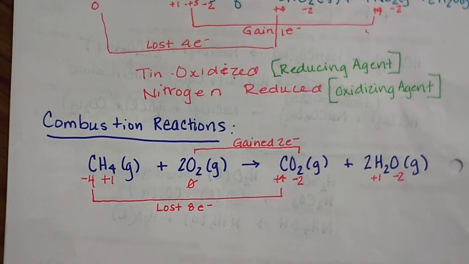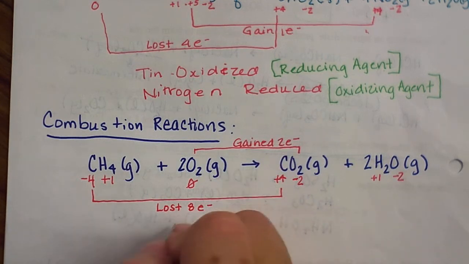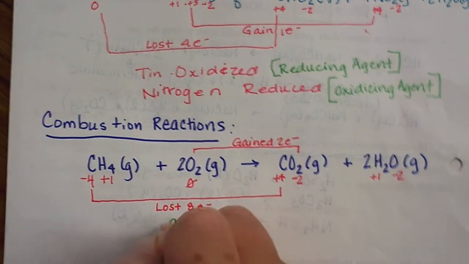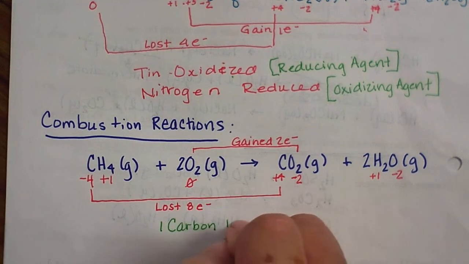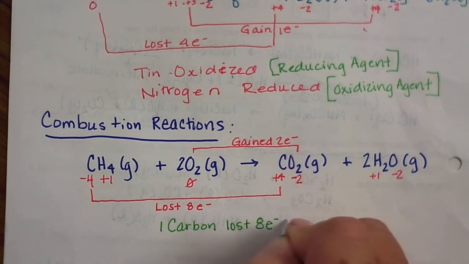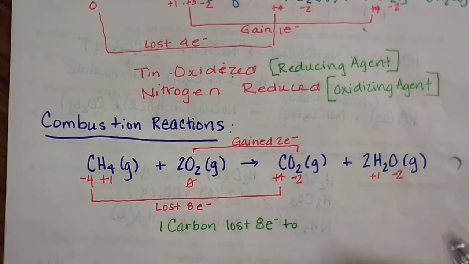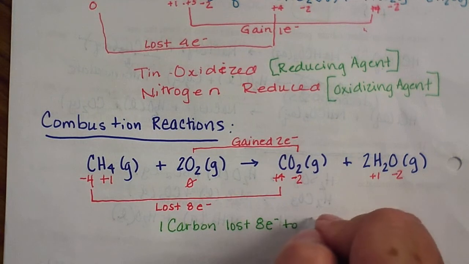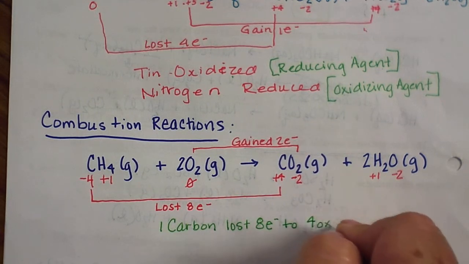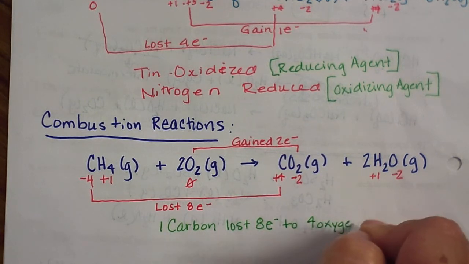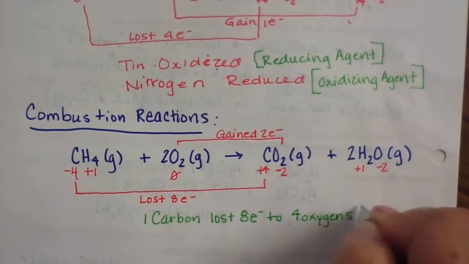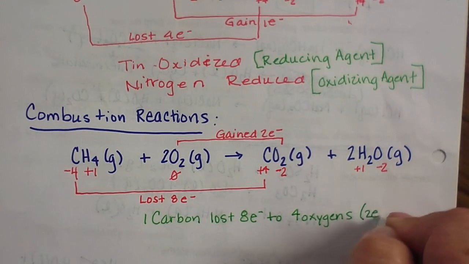And so what's actually happened here is that one carbon lost 8 electrons to 4 oxygens, 2 electrons each.